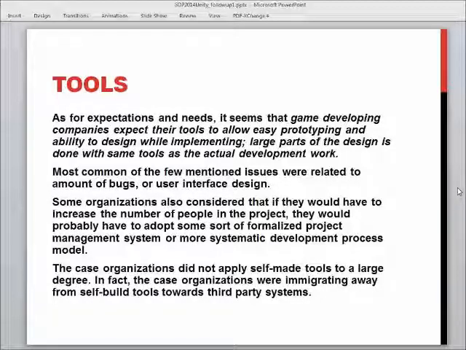Also, the different sorts of formal project management systems and stuff like that don't exist unless we are talking about a group size larger than 10 or 15 people.